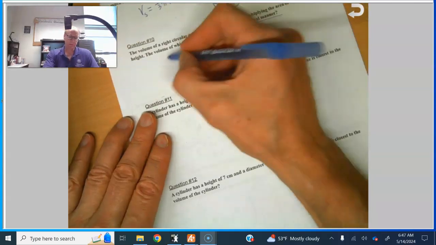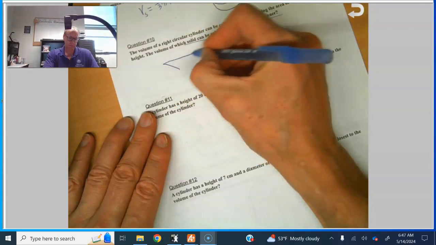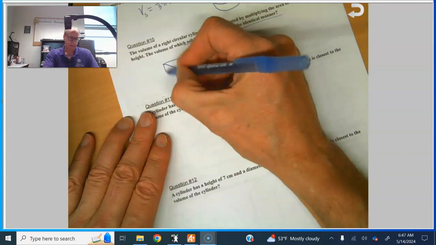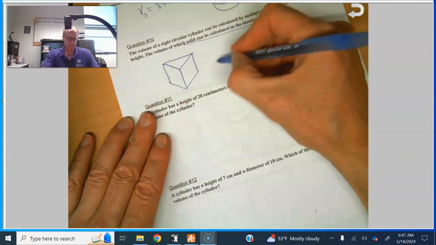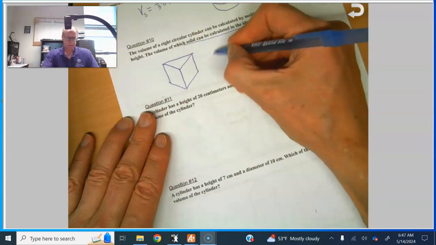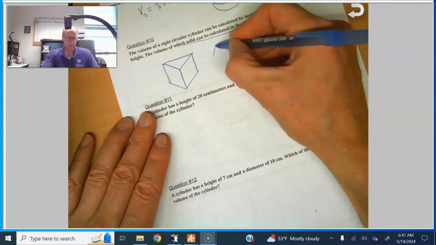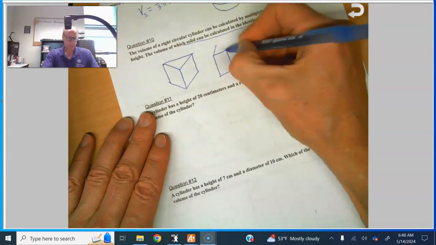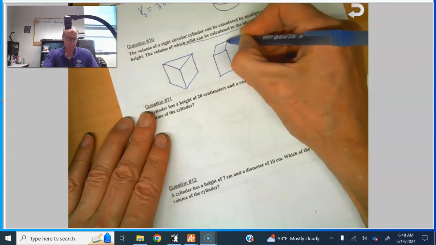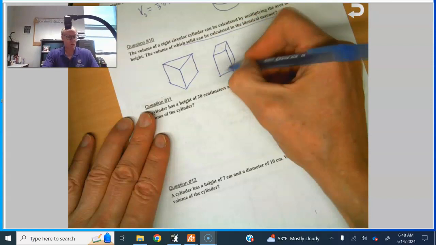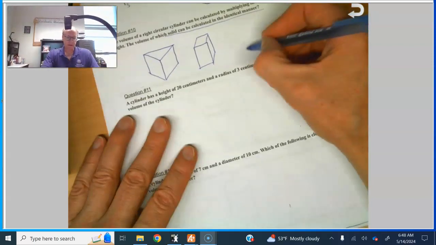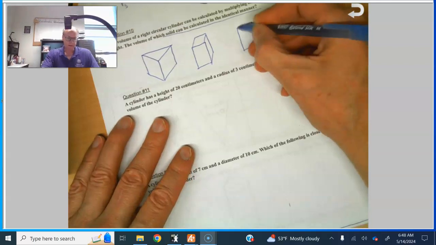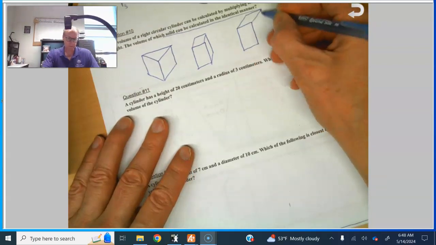There are triangular prisms that look something like this. There are square prisms that look something like, I'll just draw my front, I guess. Here's a square prism where it has a square on the base. There are rectangular prisms that are boxes that have a rectangle as a base.